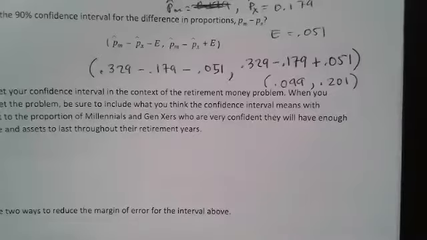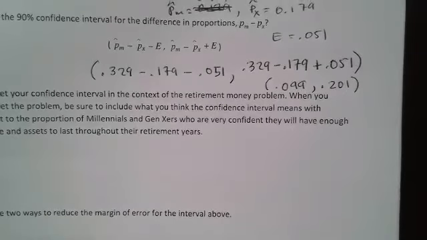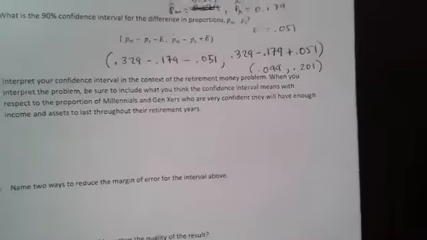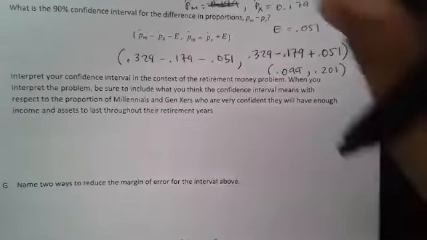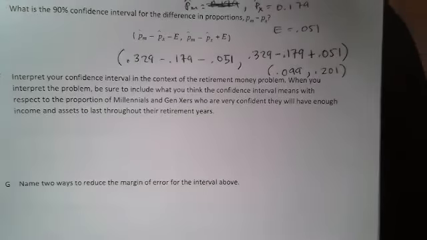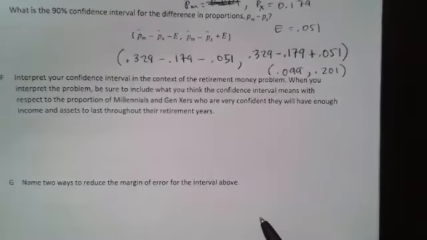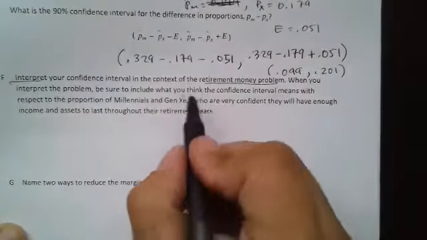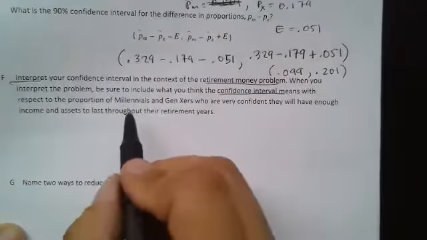So should we do the we are 90% confident and all that? Because we have to interpret. That's the fun one. Yay, right? That's super fun. Okay, so we're interpreting in the context of the retirement problem. Make sure you include what you think that's with respect to this.